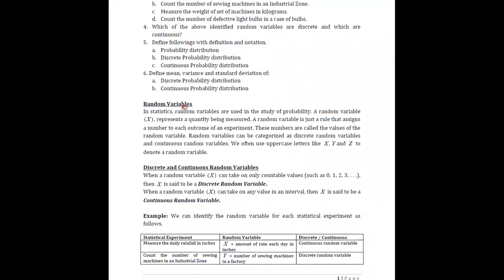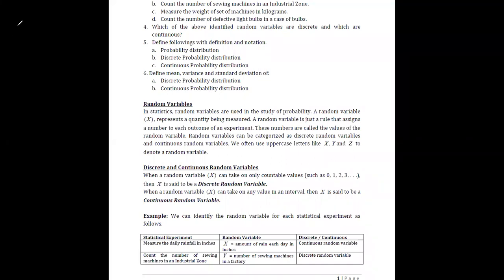That is how a random variable is defined in words, and now we will try to get an idea of these random variables. In statistics, random variables are used in the study of probability. One major concept used in statistics is probability.